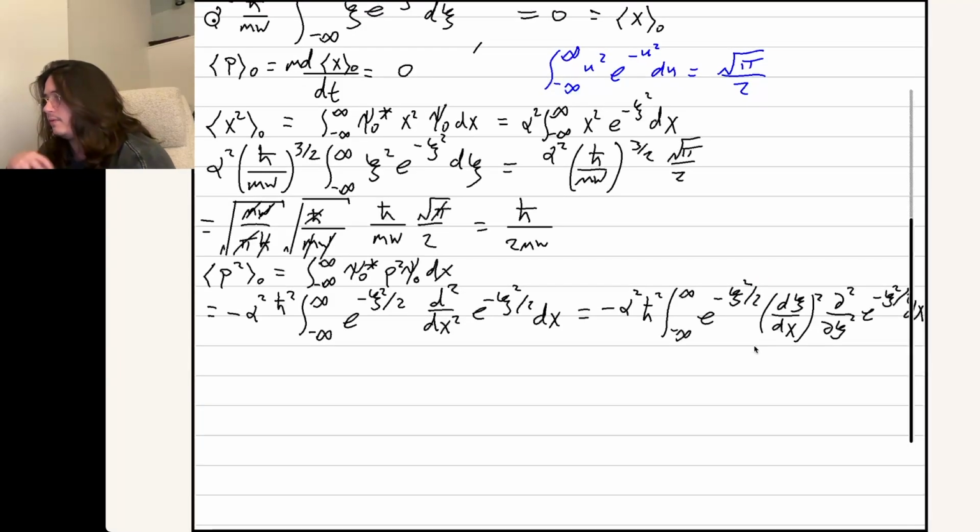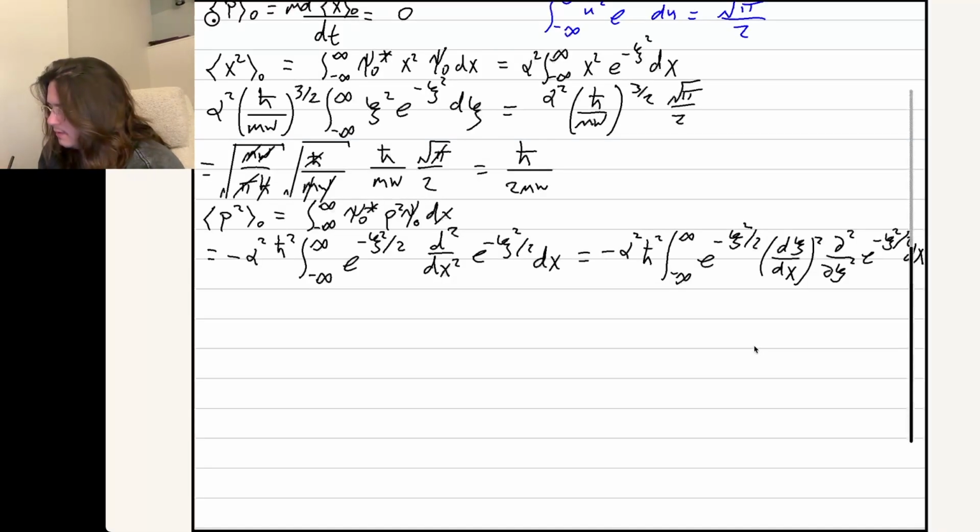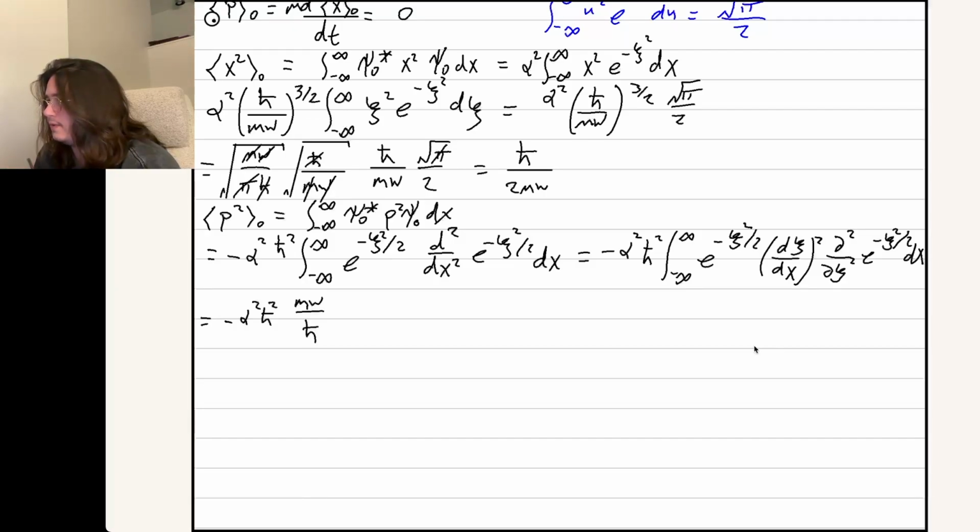We're going to have 2 times, so the square root of m omega over h bar, squared. So you'll just have m omega over h bar. And then you'll also have the factor from changing this dx to dc, which is just root h bar over m omega.